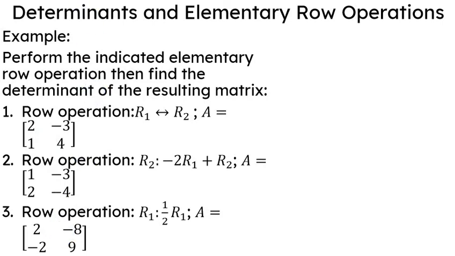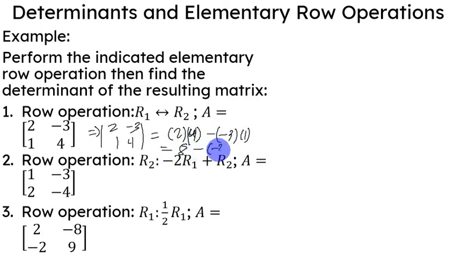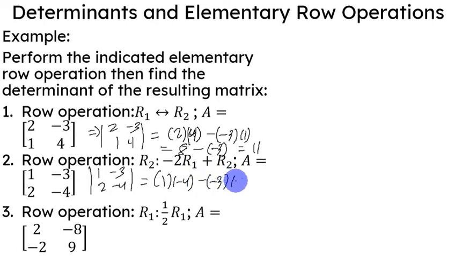So, in number 1, the determinant of that matrix would actually be 2 times 4, minus negative 3 times 1, that would be 8 minus negative 3, that would be 11. And then, here, the determinant of this matrix would be 1 times negative 4 minus negative 3 times 2.